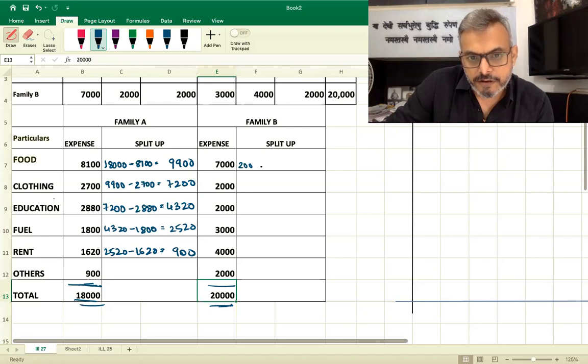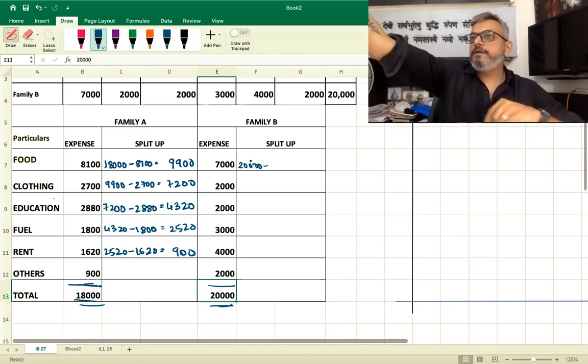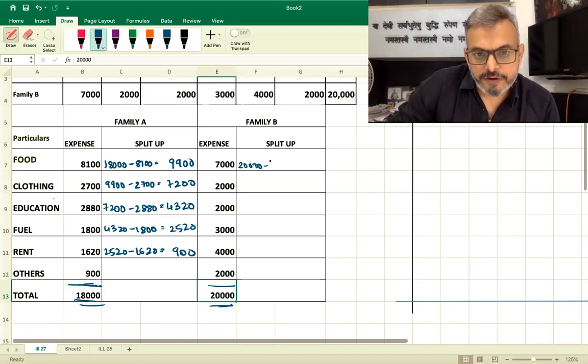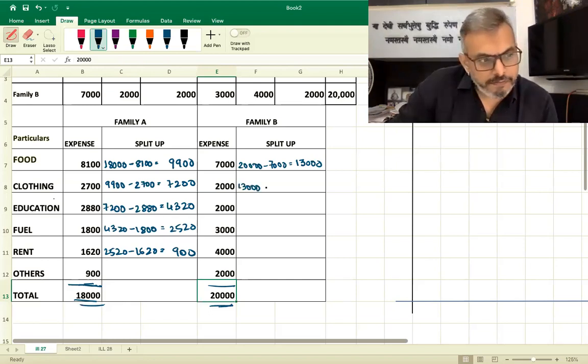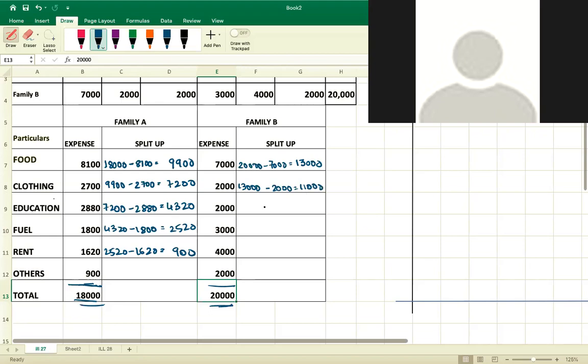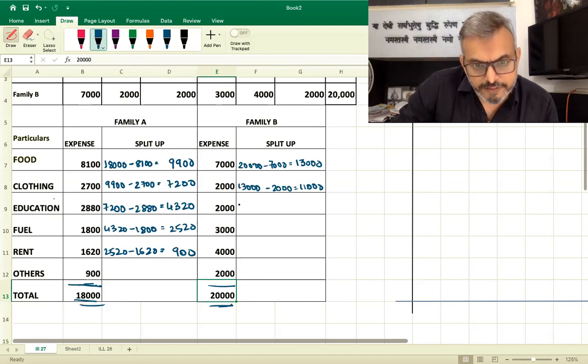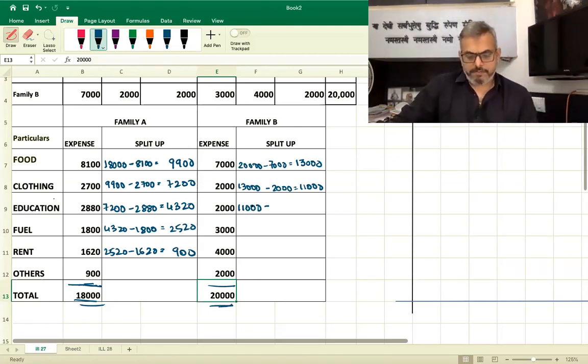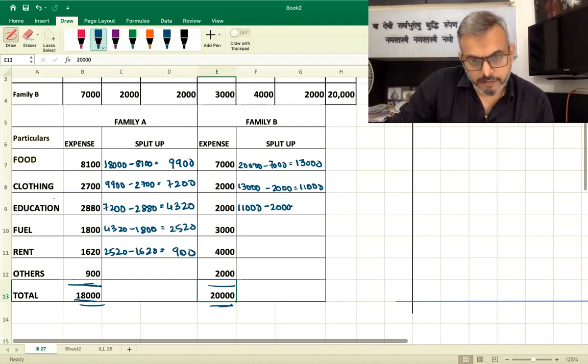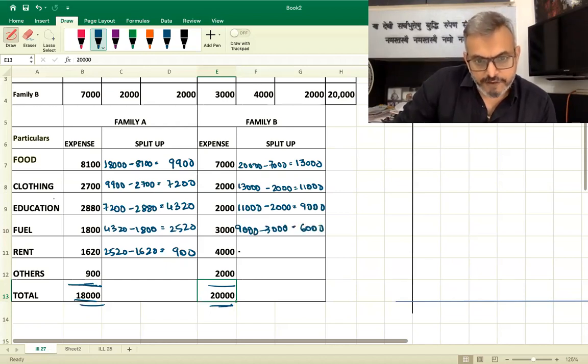So 20,000 minus 7,000 is equal to 13,000. 13,000 minus 2,000, which is 11,000. 11,000 minus 2,000, which is 9,000. 9,000 minus 3,000, which is 6,000. And 6,000 minus 4,000, which is 2,000.